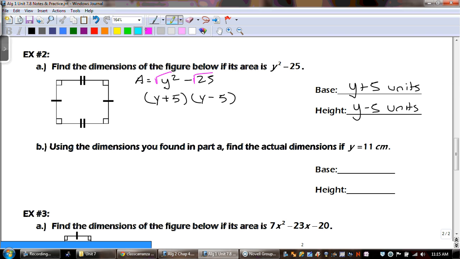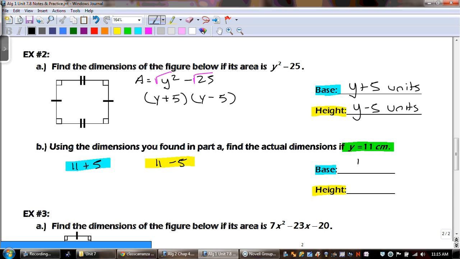Okay, so the next problem, they're telling me that y equals 11. So for my base, and then height, okay? So we have 11 plus 5, and then we have 11 minus 5.